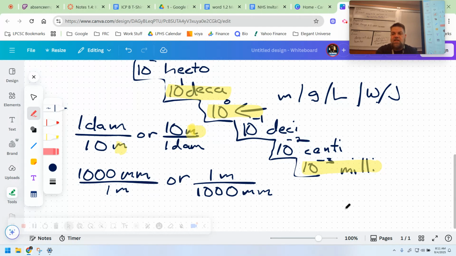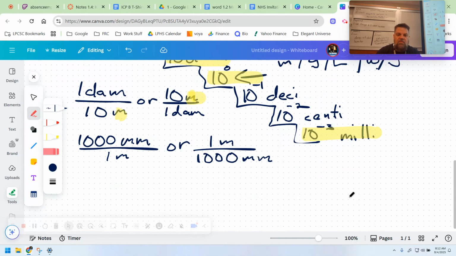The shortcut sometimes confuses people because they go the wrong way. You're basically changing the decimal. You're changing the power of 10. Okay? So let's do one. I'm going to convert 3 decameters to millimeters. Okay?